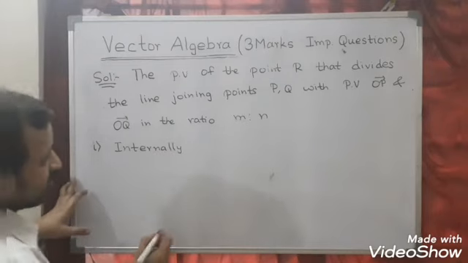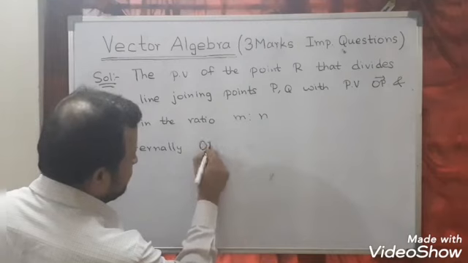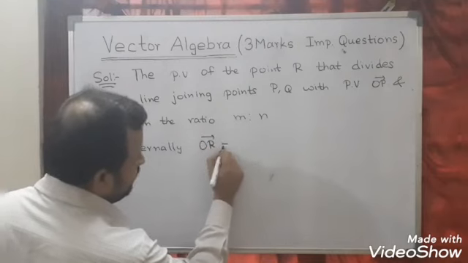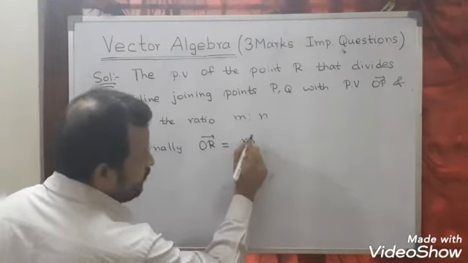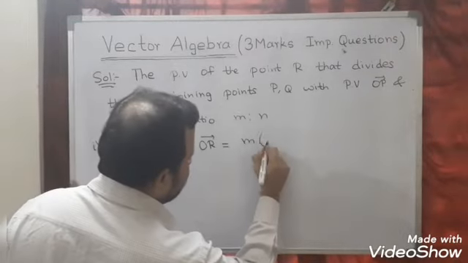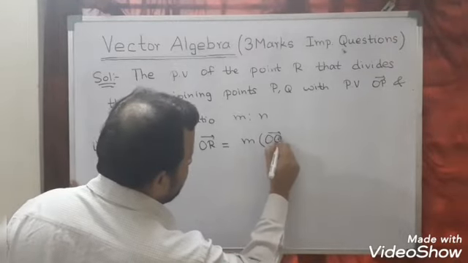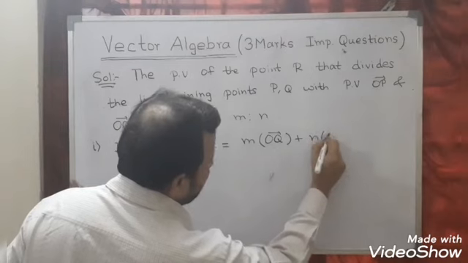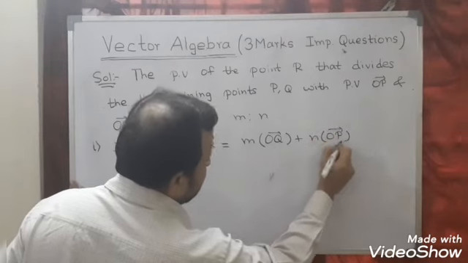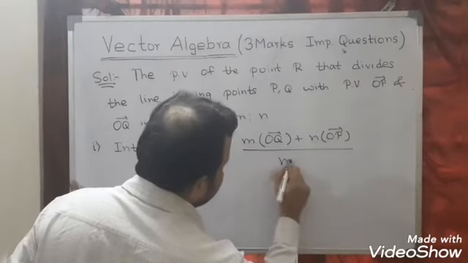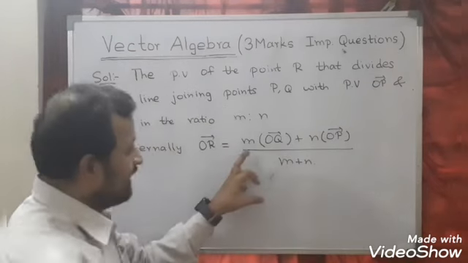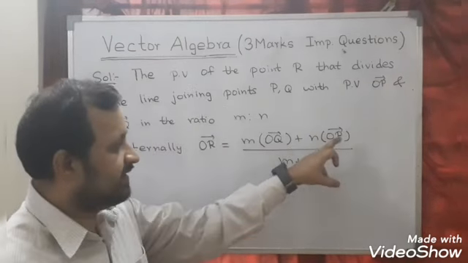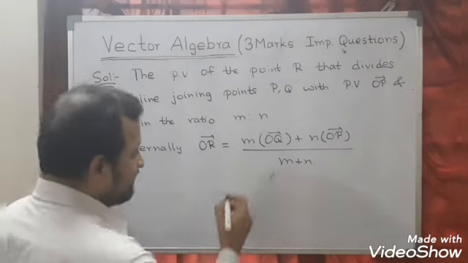The formula is OR vector is equal to m into the second vector, OQ vector, plus n into the first vector, OP vector, divided by the sum of the ratio. It is mB plus nA divided by the sum of the ratio.